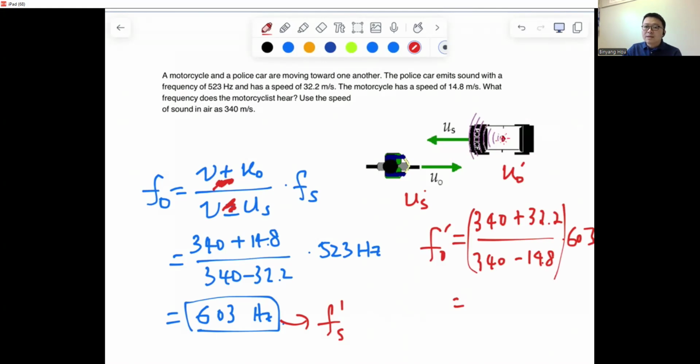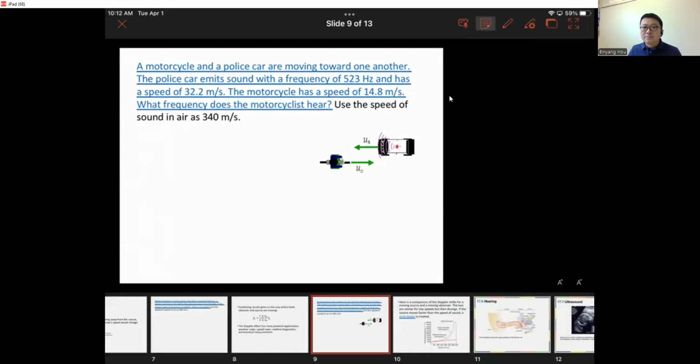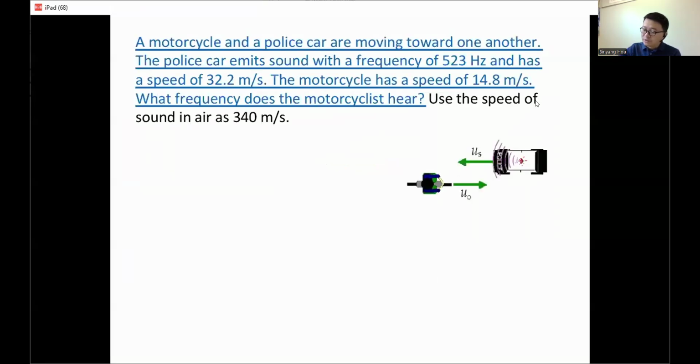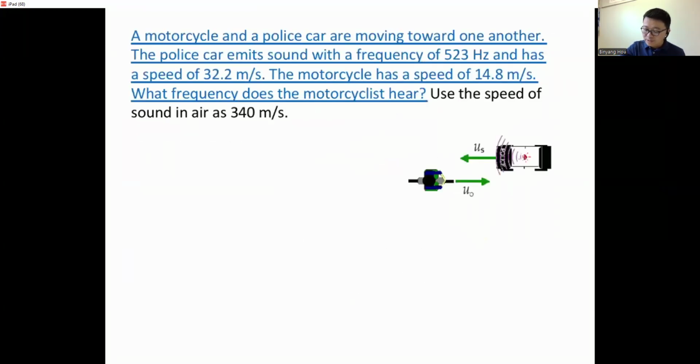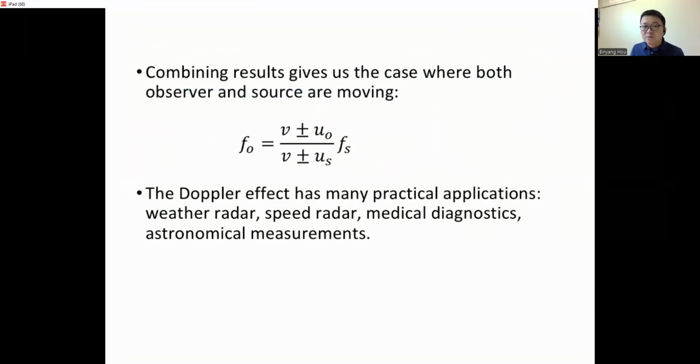All right, so I think that would be it for today, or actually a couple more things before we end this chapter, but just quickly. In the equation we used earlier, when we take the minus sign in the denominator, as long as the source speed is less than the speed of sound, there's no problem. But when this speed gets closer to the speed of sound, the denominator approaches zero.